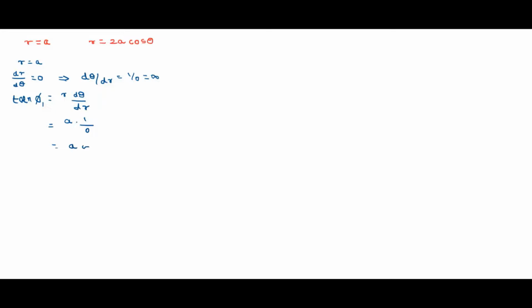So A into infinity is equal to infinity. So tan phi 1 is equal to infinity. So phi 1 is equal to tan inverse of infinity, and this is equal to 90 degree. So phi 1 is equal to pi by 2.